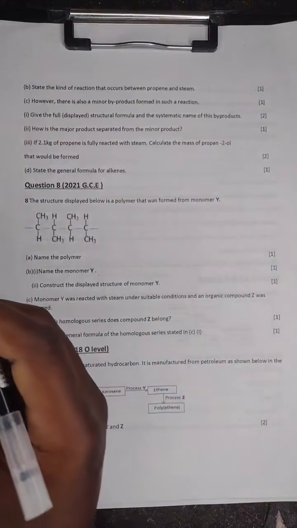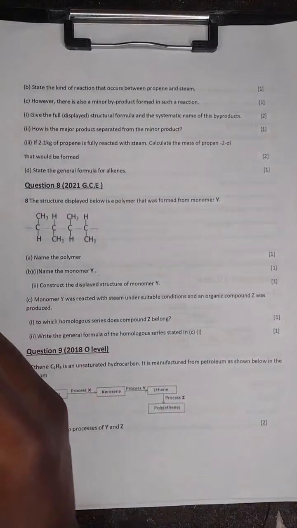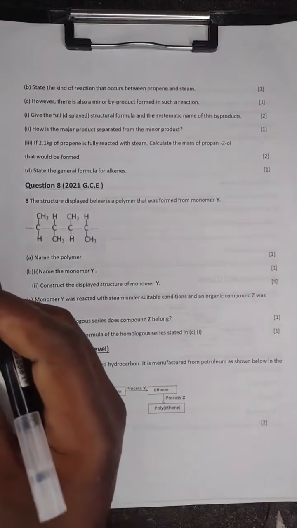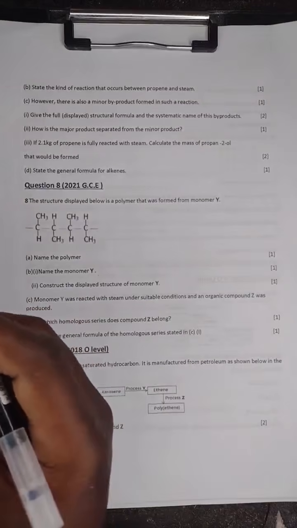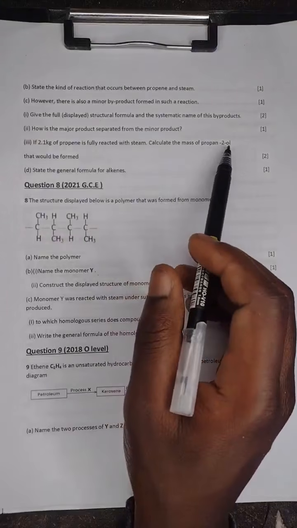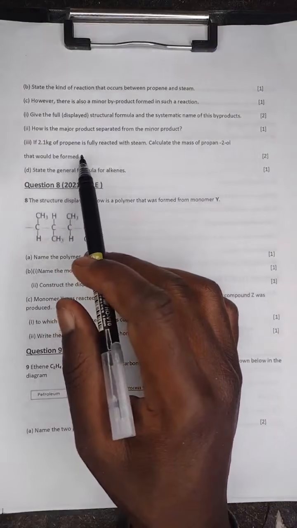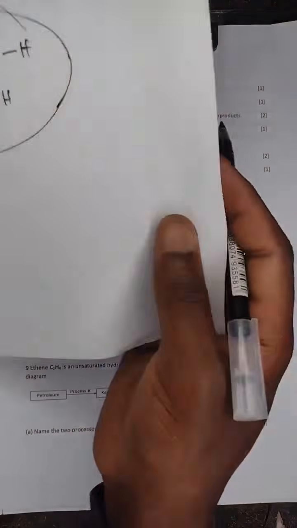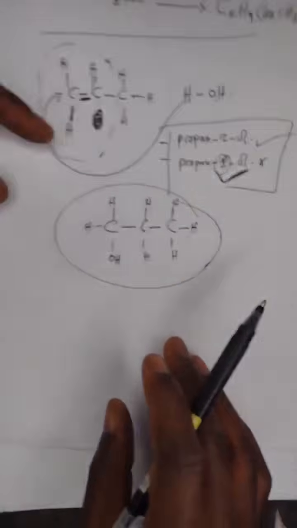If 2.1 kg of propene is reacted with steam, calculate the mass of propan-2-ol that would be formed. So in this case, for us to calculate the mass, let us first write the equation.